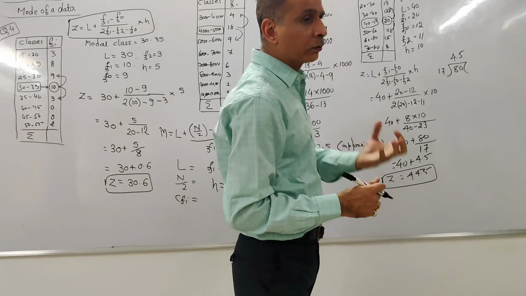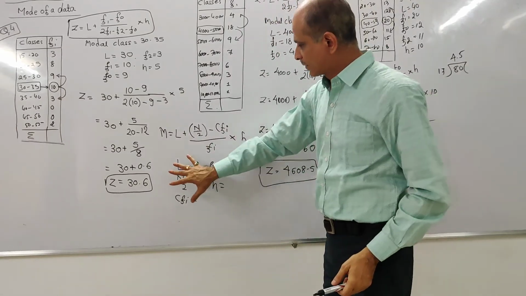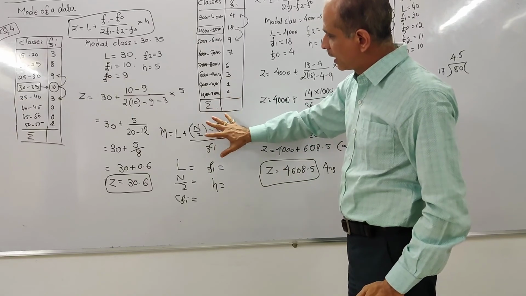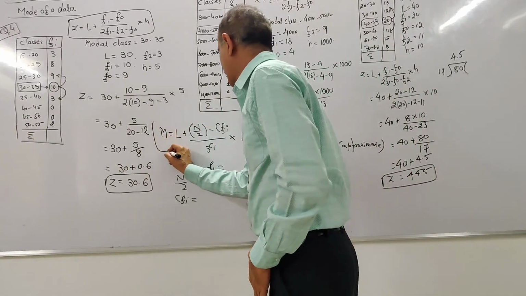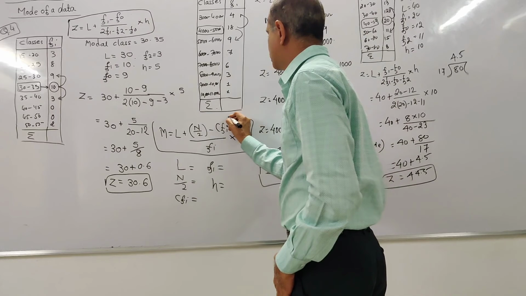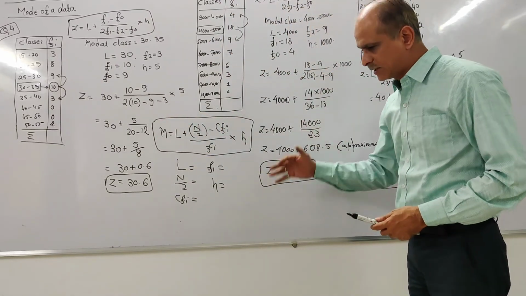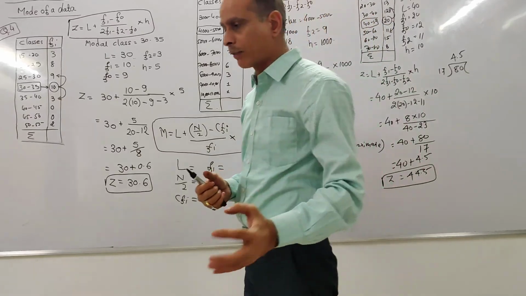If you can find these five things and put their values in this formula, you can easily find the median of the data.